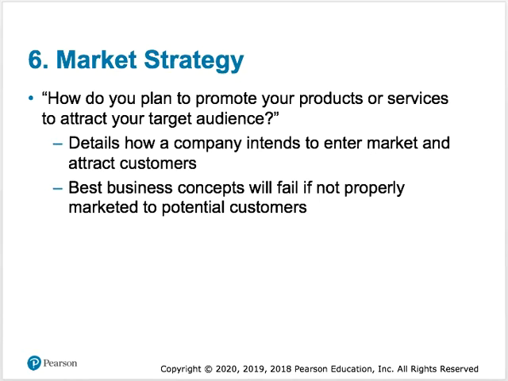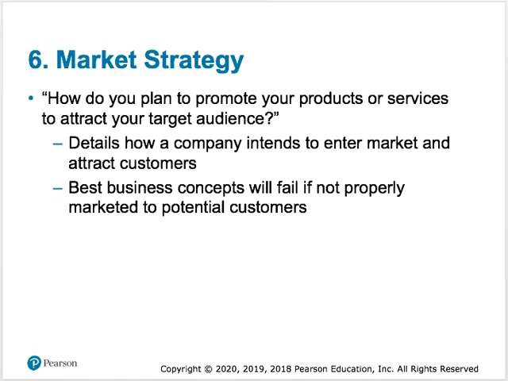The sixth element of a business model is market strategy. The question you must answer in this part is how do you plan to promote your products or services to attract your target audience?